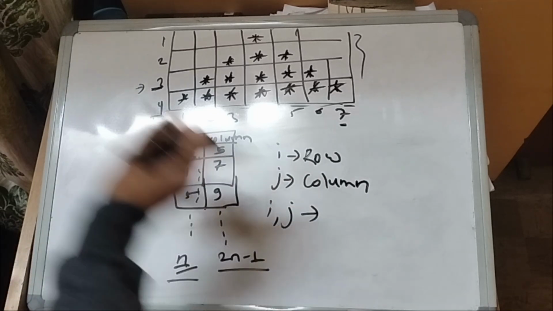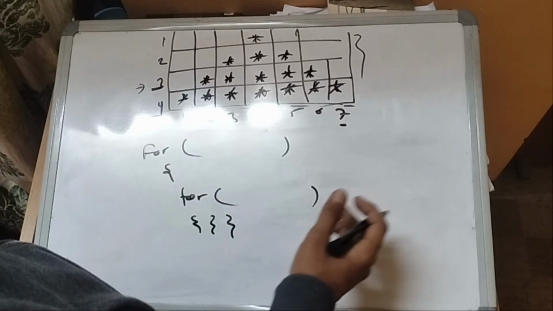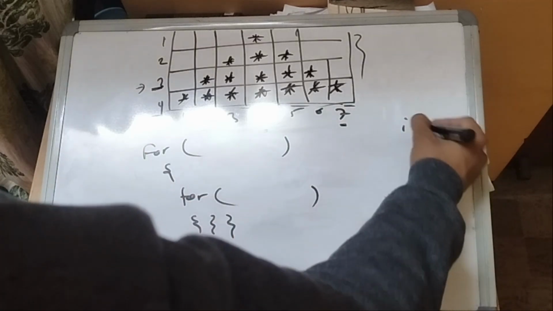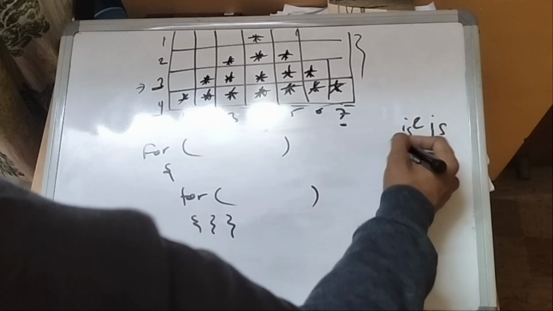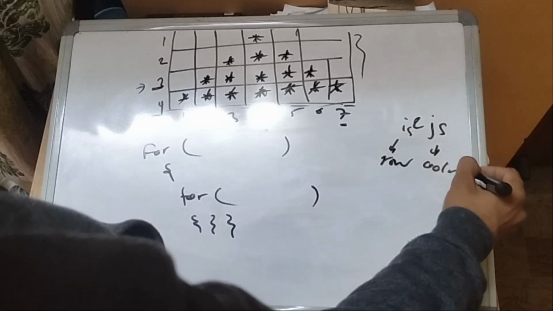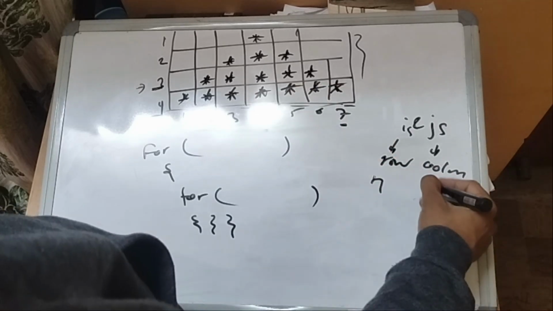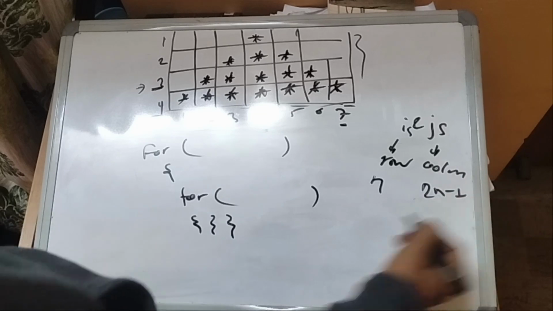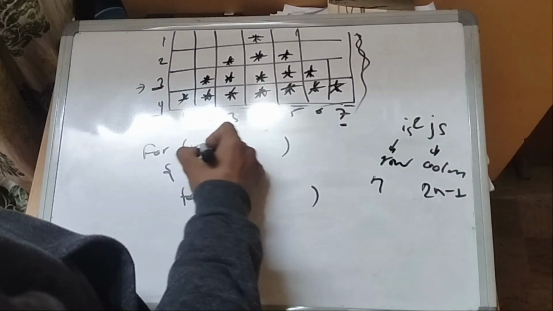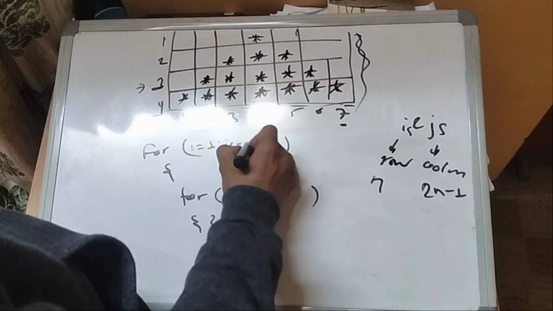So now let's get into the coding side. Now we are here at the coding side. Alright, so we have i and j, that is rows and columns. What we found out is that for n number of rows, you would be requiring 2n minus 1 columns in this particular question only. For i is equal to 1, i is smaller than or equal to n.